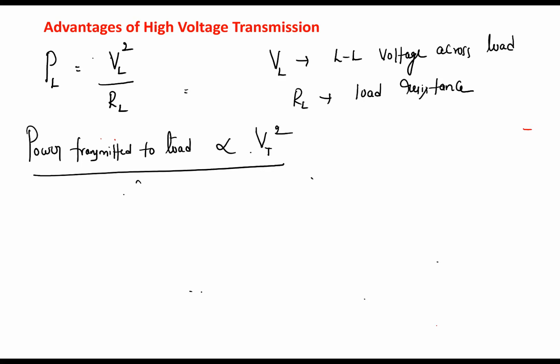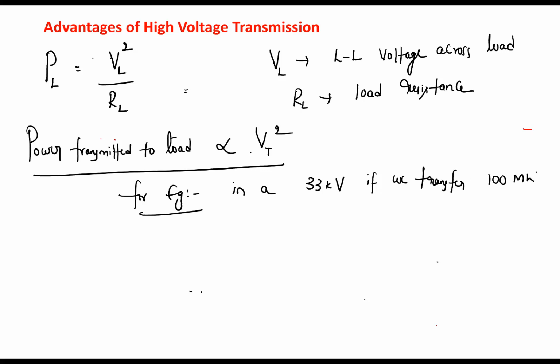For example, in a 33 kV line, if we can transfer say 100 megawatt to the load, if you double this and make it a 66 kV line, we can transfer 400 megawatt.